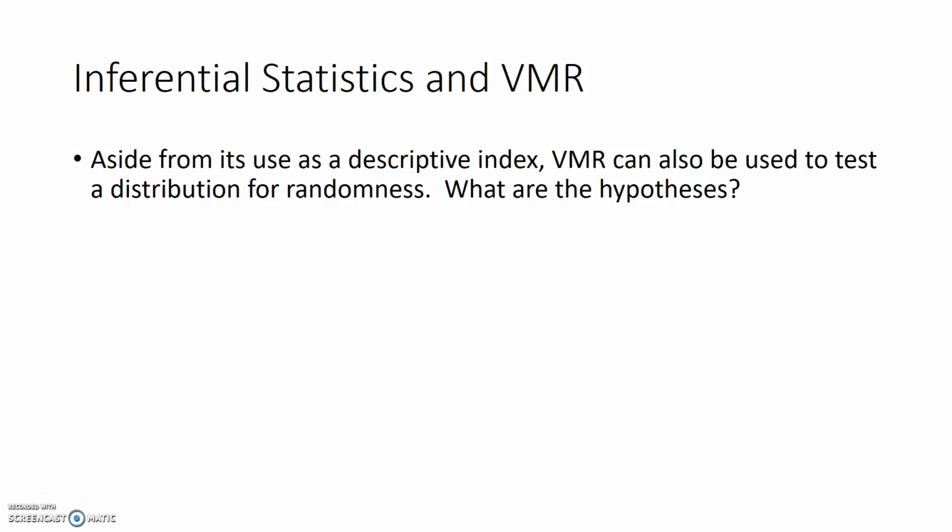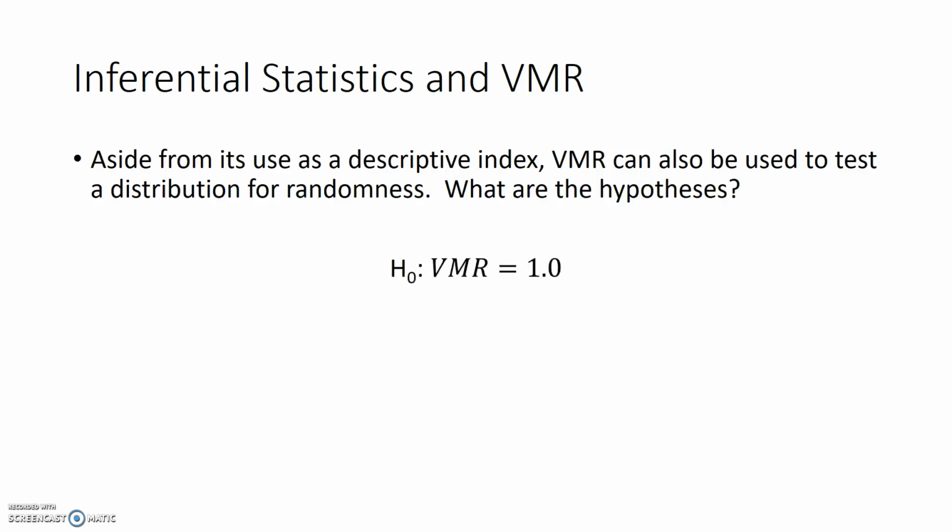Aside from being good in a descriptive form, we can test a distribution for randomness. We can see, is this a random distribution or is this not a random distribution? So given this, what do you think the hypotheses might be for this scenario using VMR?